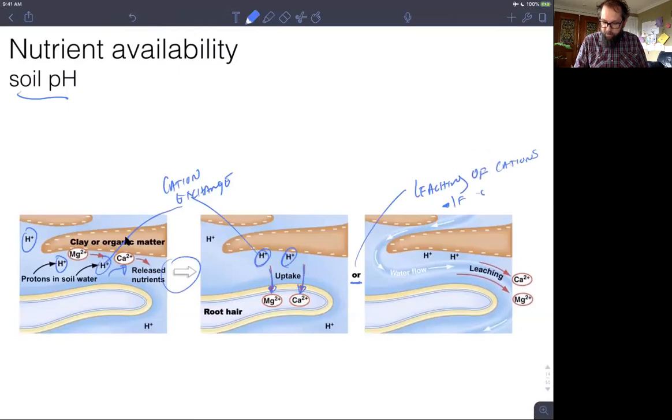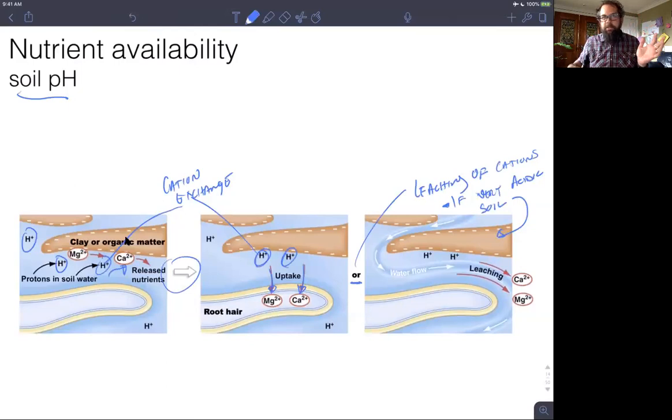If you have very acidic soils, then it can release all of those cations from a really acidic soil. All those cations will be released because the hydrogen ions will be bound to the clay particles.